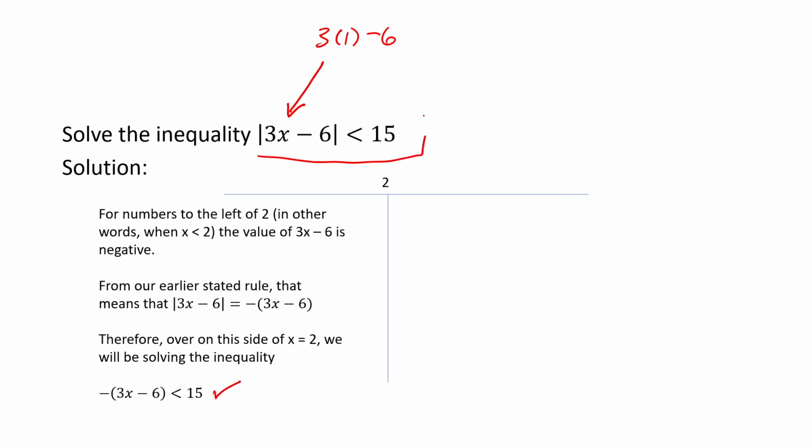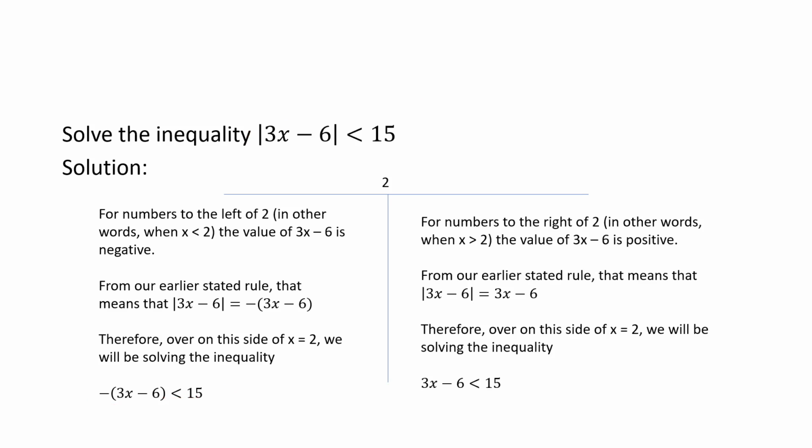So we've taken the inequality that has the vertical absolute value brackets and changed it to this inequality, which is true when we're on the left of 2, if x is less than 2. And for numbers to the right of 2, when x is greater than 2, the value of 3x minus 6 is positive.